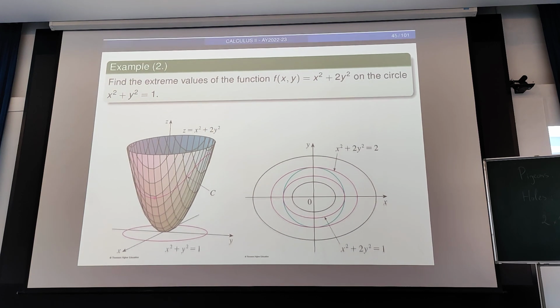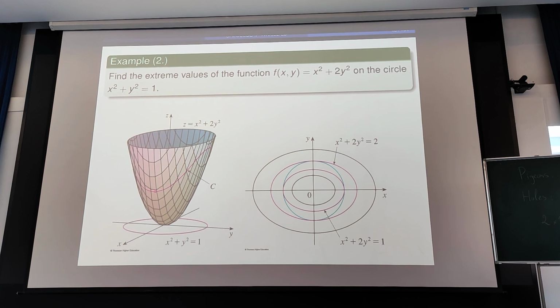So now we are going to adopt this method to find the extreme values of this given function on this circle. You can see here, on the left side, the graph of the surface given by this two-variable function. Of course, we restrict it on this circle.